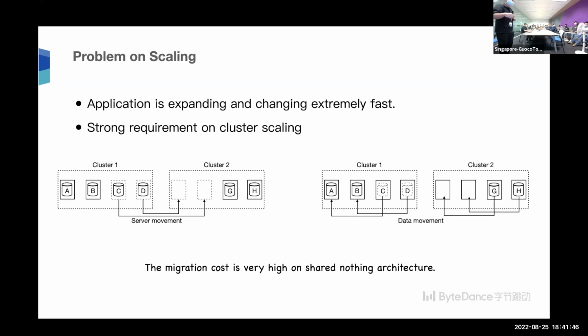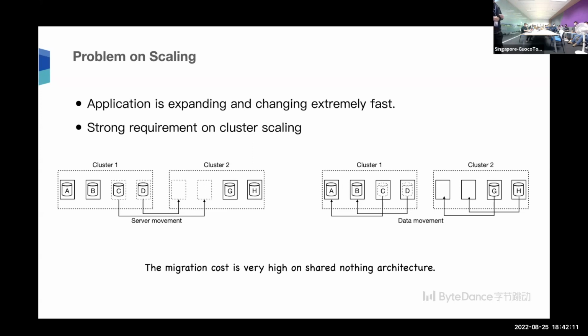For example, when cluster 2 wants to use more resources and cluster 1 doesn't need so many, cluster 2 can borrow some compute nodes from cluster 1. We can simply move the servers to cluster 2.